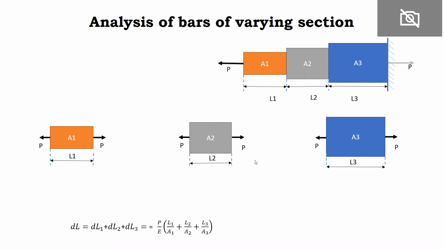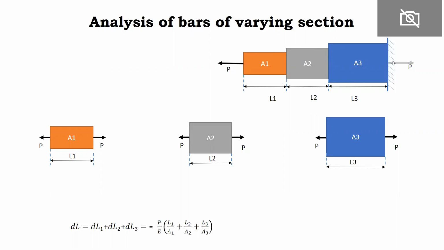So here you can see in the diagram. This is one member which has some cross-sectional area A1, and the second member has length L2 and cross-sectional area A2, and the third member has cross-sectional area A3 and length L3. In the previous case, the member is subjected to force at the extreme end as well as at the intersecting points of two members also.